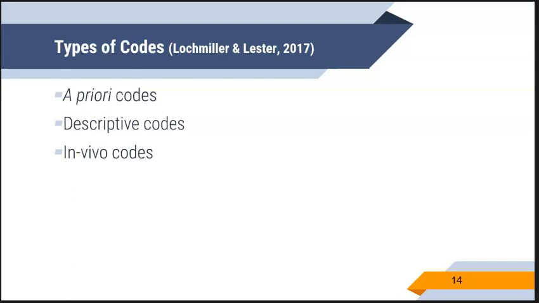In vivo codes is when you actually use their own language. And in vivo codes are really especially important for projects on a particular cultural group. So you'll often find ethnographic-based studies or phenomenology studies using in vivo codes. Grounded theory and sometimes case studies and others are likely to use descriptive coding.